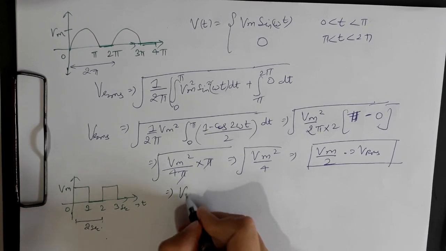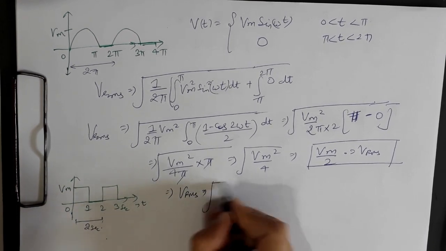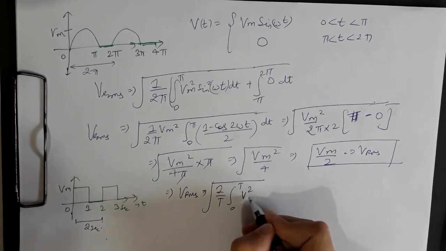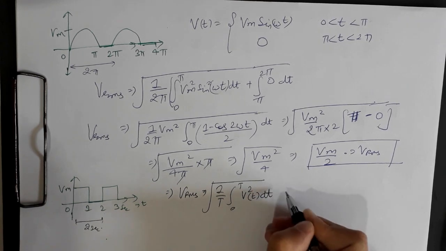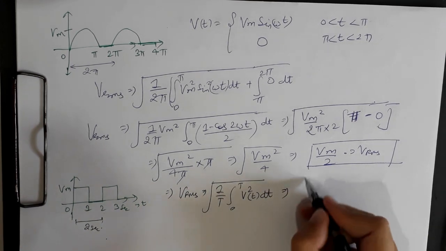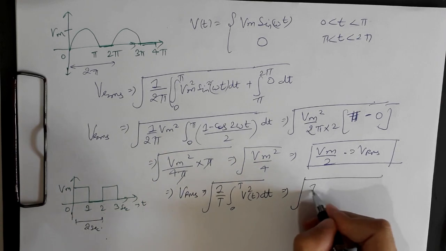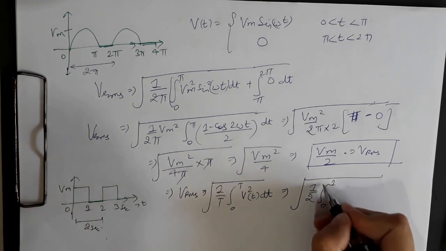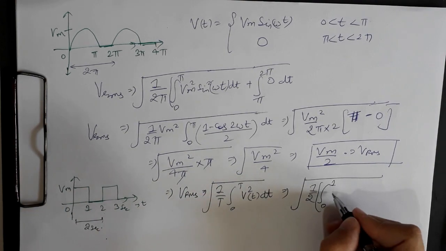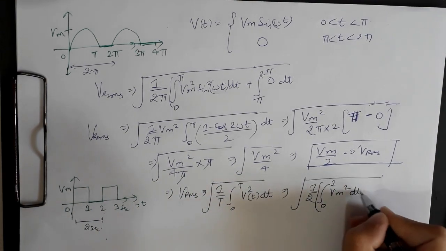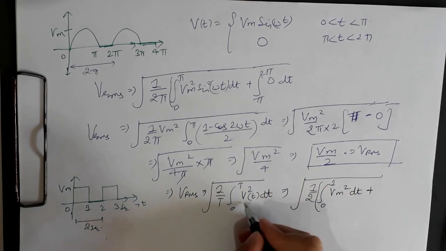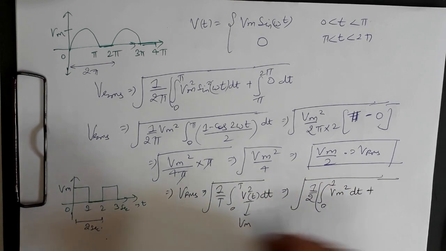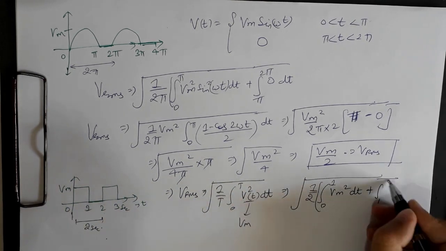Now applying the formula, Vrms is under root of 1 upon T, integral from 0 to T of v square as a function of t dt. Applying this, here our time period is 2, so 1 upon 2. From 0 to 1 the value is Vm, so Vm square dt, plus from 1 to 2 the value is 0.